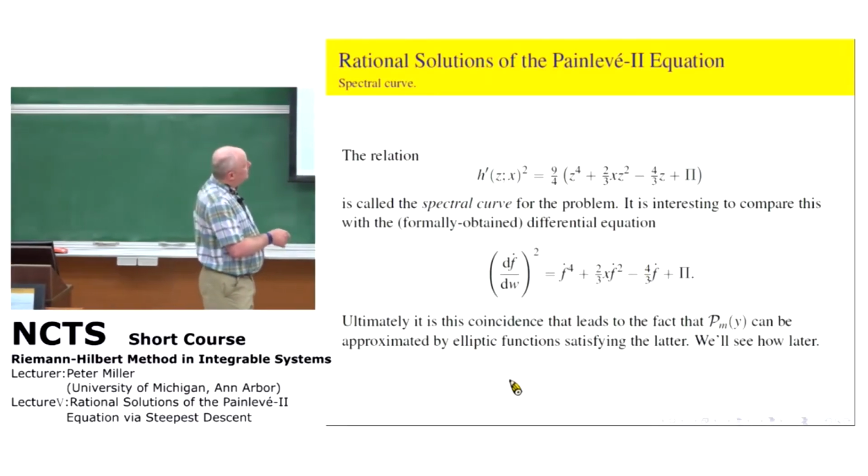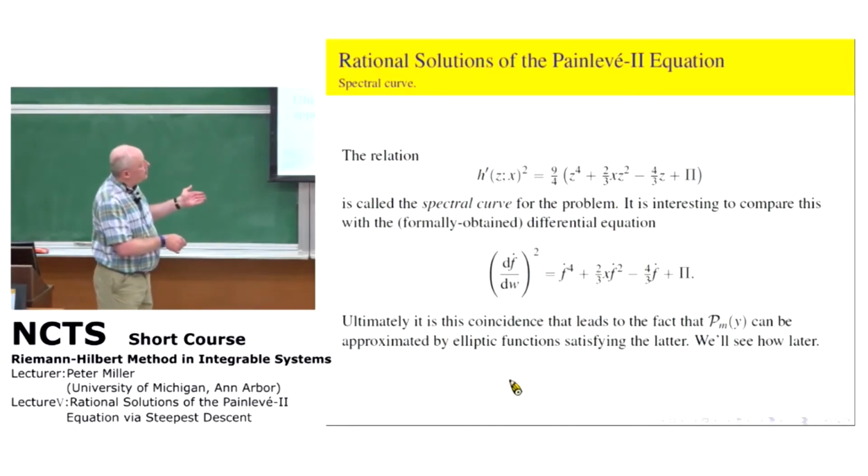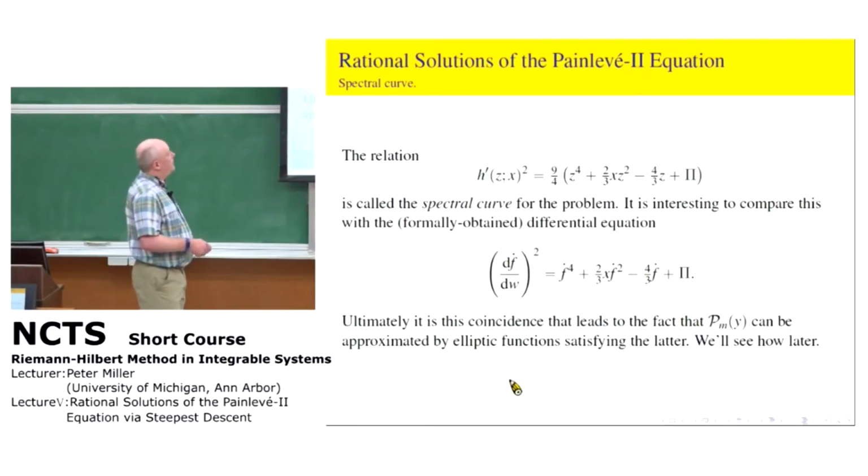It's showing up all over the place, this notion of a spectral curve in Riemann-Hilbert theory, and then a limiting differential equation from the Pendulum point of view. Anyway, it's this coincidence, I'll still call it a coincidence, that leads to the fact that Pm of y can be approximated by elliptic functions that satisfy this differential equation here. So we'll see how that works later on.